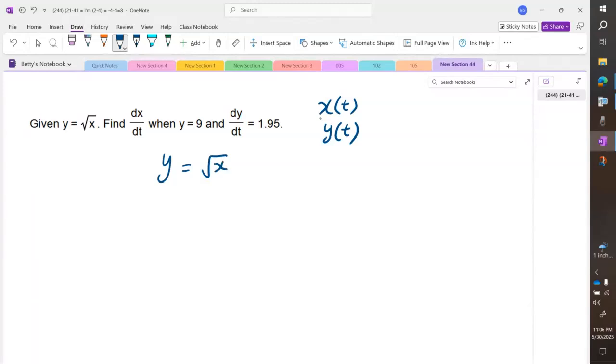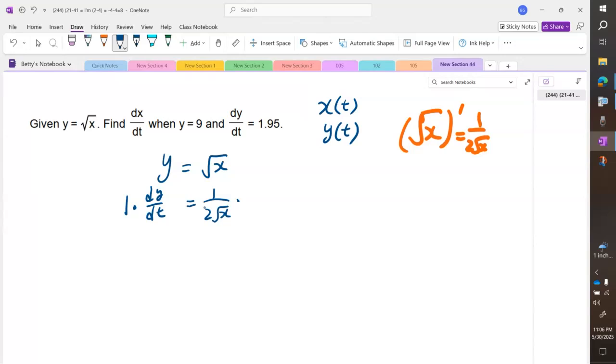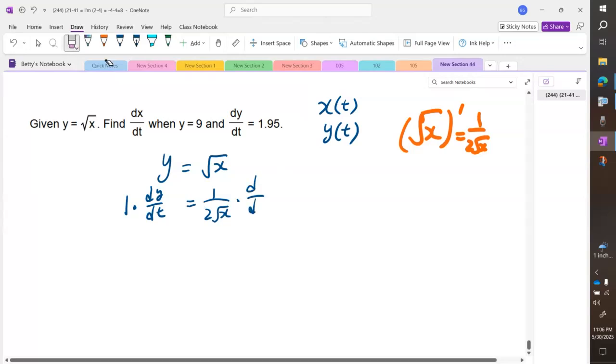On the left, we are going to take the derivative of y first, and then dy/dt. On the right, we are going to take the derivative of x first, and then follow with dx/dt. Do you remember this formula I made you memorize? We are using it now, right? So the derivative of root x is 1 over 2 root x, times dx/dt.